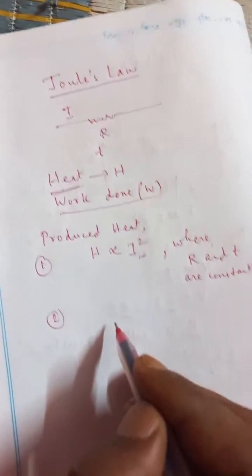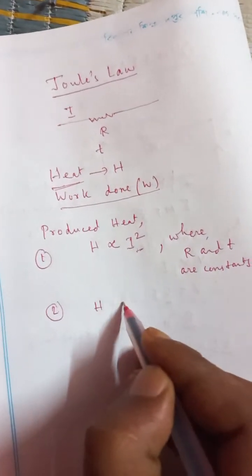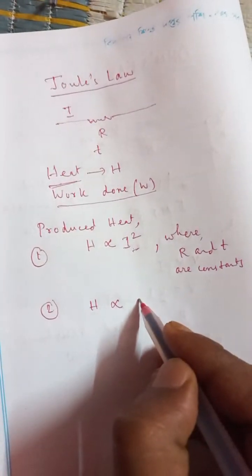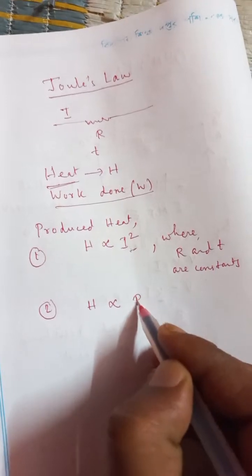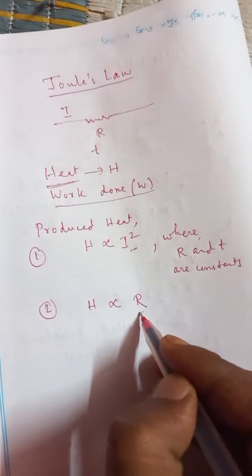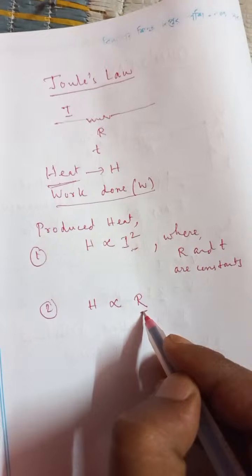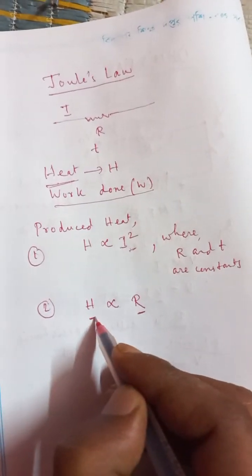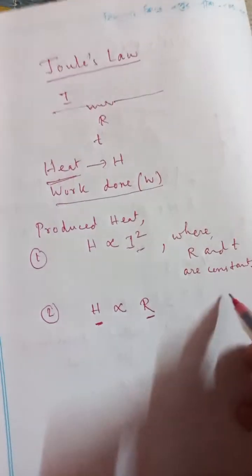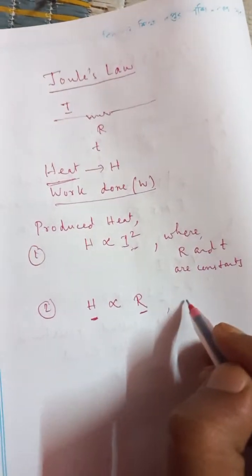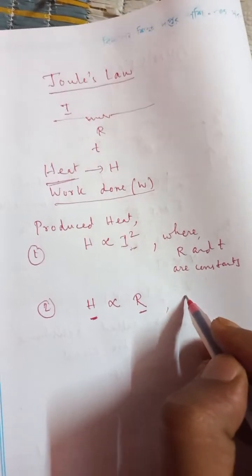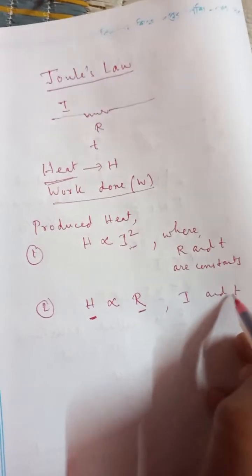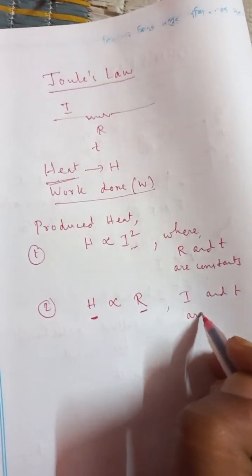Second law, H is directly proportional to the resistance. If we have more resistance, then we will have more heat produced in the wire. For this case, current I and the time t are constants.